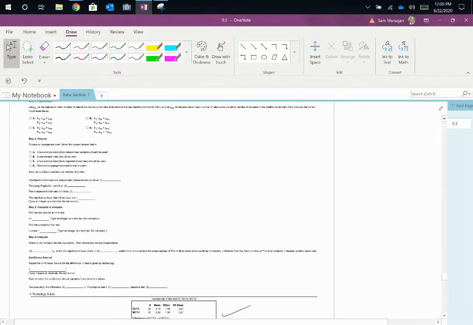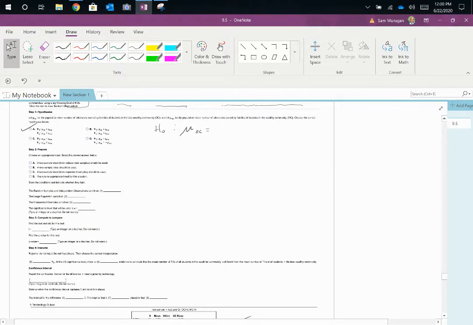What you want to do first is make sure you know that the null hypothesis H0 is mu of the less wealthy is equal to mu of the more wealthy.